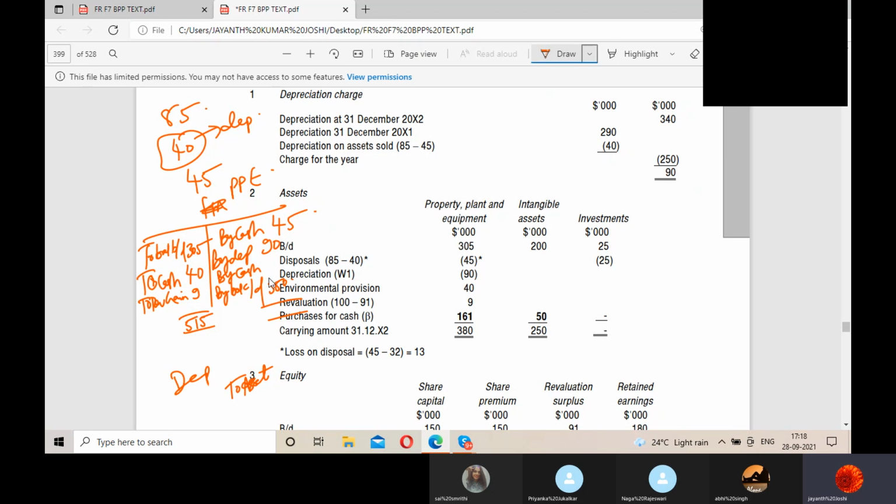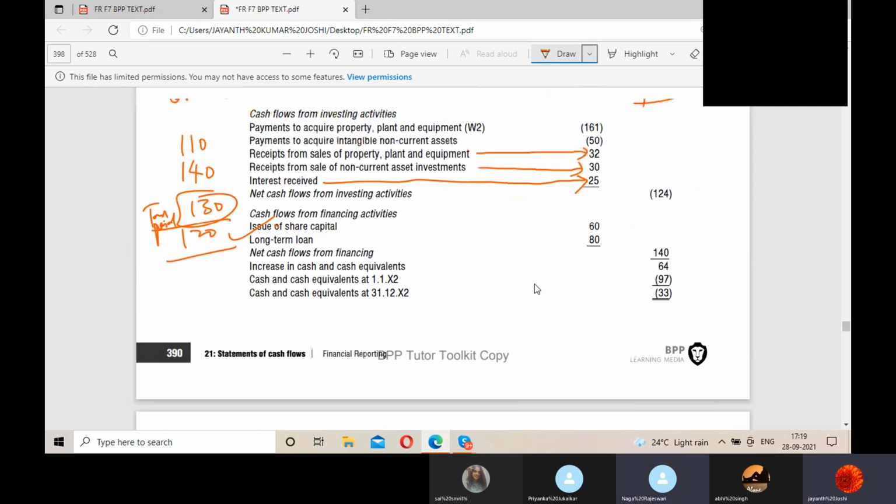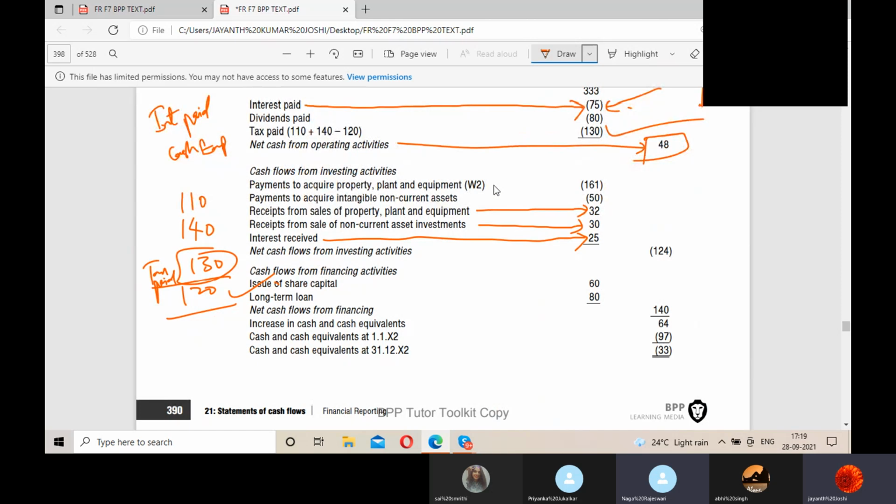Here it is sales, no? So to sales, debit side, sir. No, if we purchase the asset, it is asset to cash, by cash it is purchase of asset. So how much asset have you purchased? 161, correct? So 161, sir, outflow. Sales means we will write on the credit side, purchase on the debit side, now, sir.